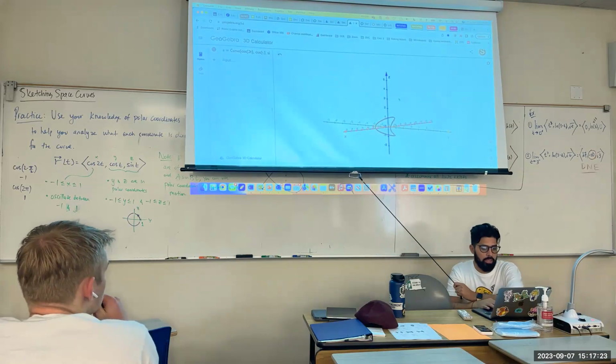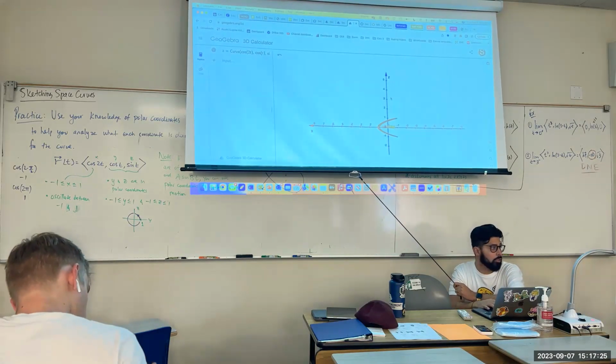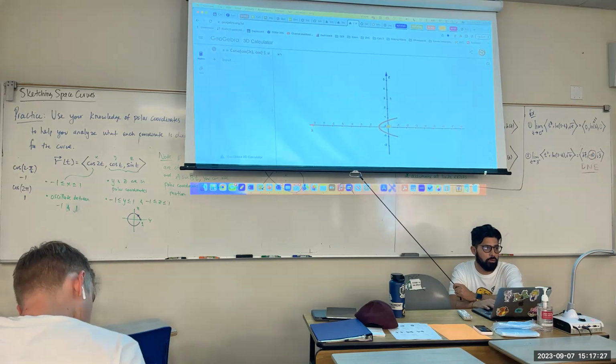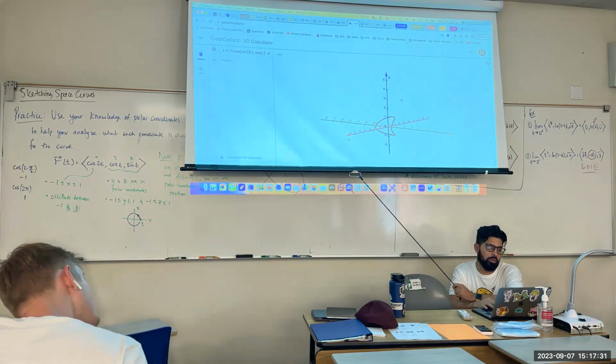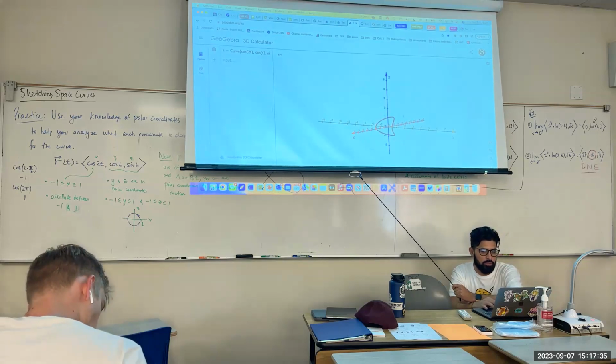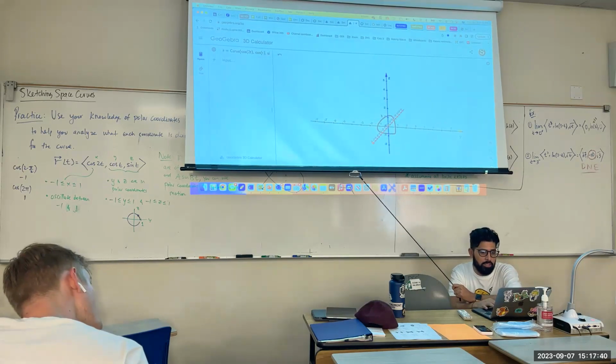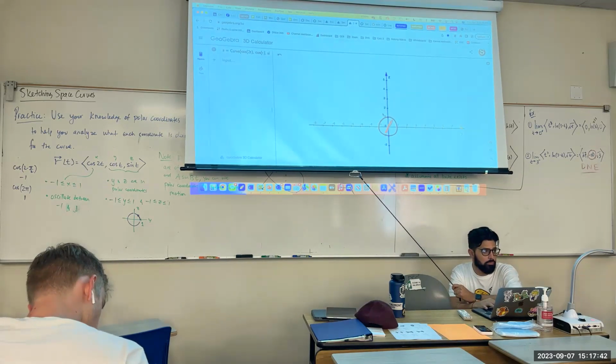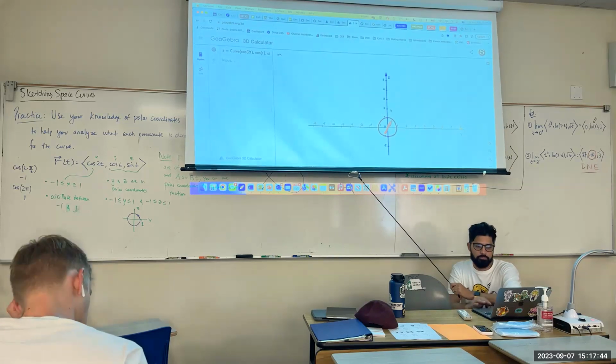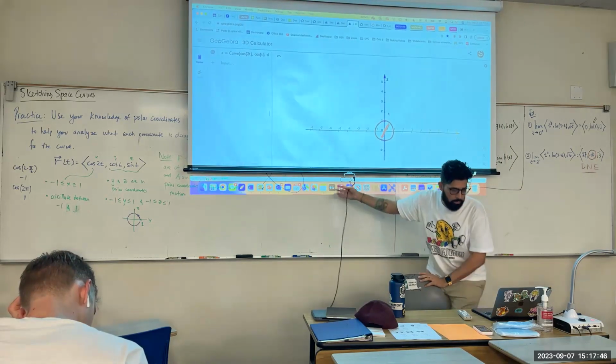But if I look at it in terms of x, it's circular, but x is oscillating between -1 and 1. That's what I was trying to graph right here, okay? It goes towards us, and then backwards like that. But it is rotating in this direction.